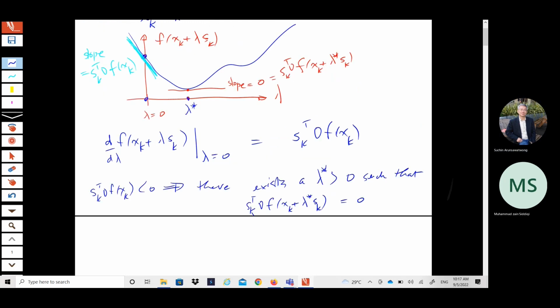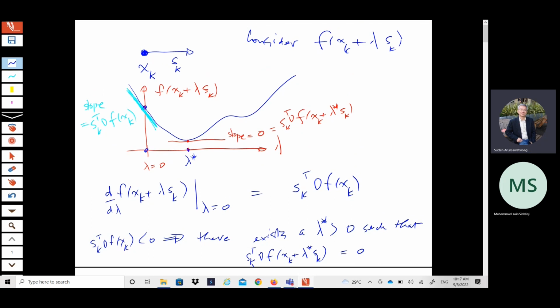Okay. So this is the directional derivative, and this is the point.